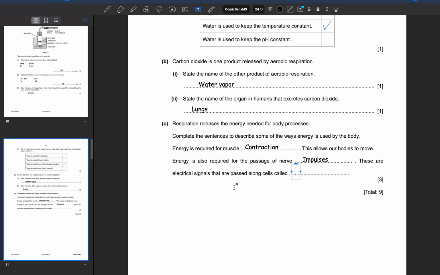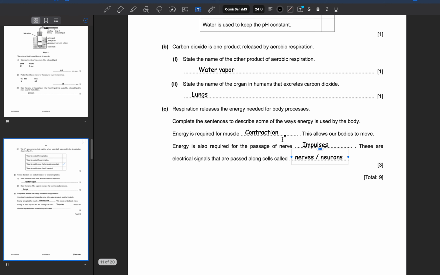Yes, I can write neurons or I can write nerves. Both are right. So I took 3 marks. I only need to write one of them, not both.